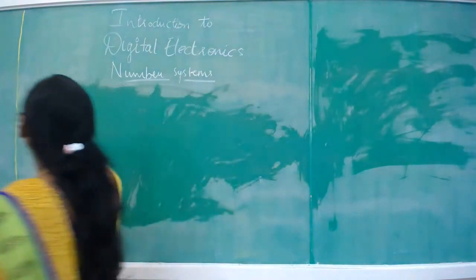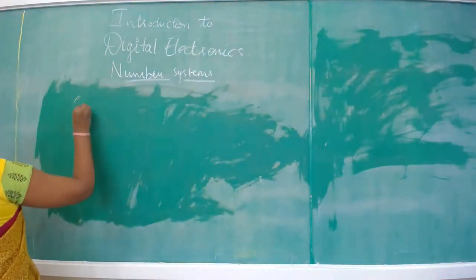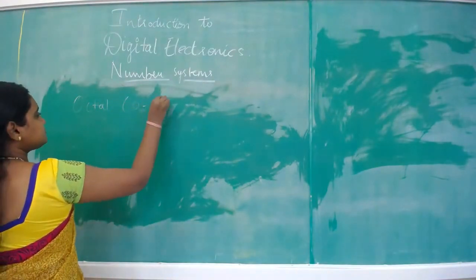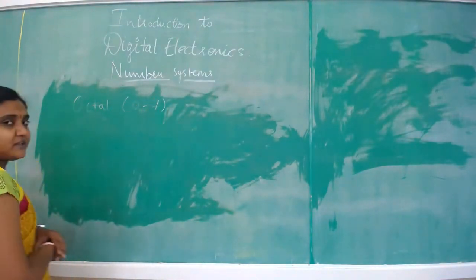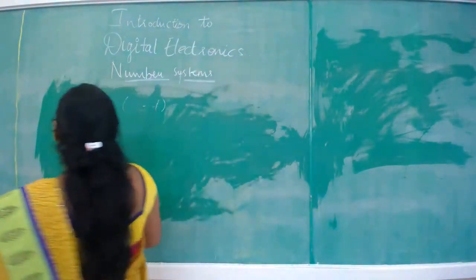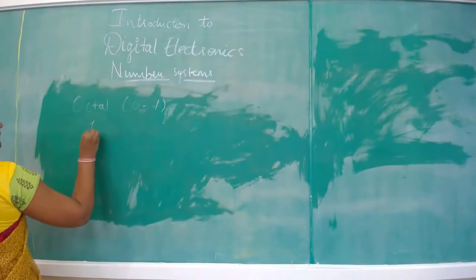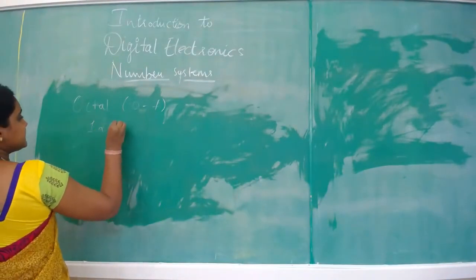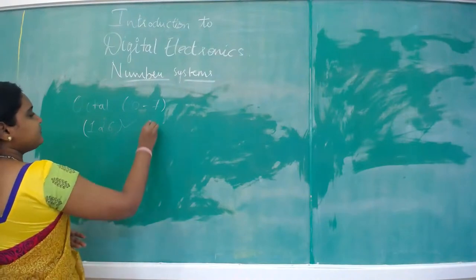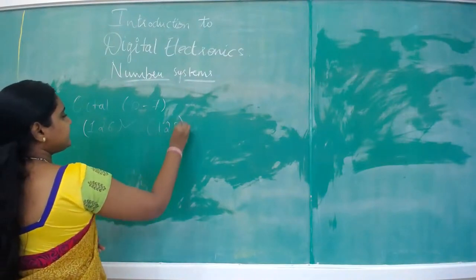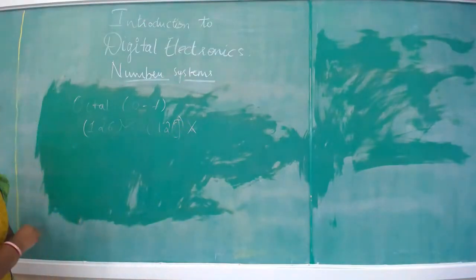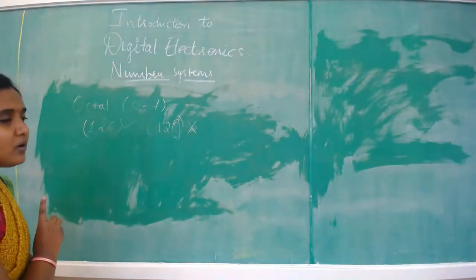Right? So you can use only 0 to 7. So we can form a number such as 126. This is a valid octal number. Okay. If I write 128, this becomes invalid because 8 is not an octal symbol, and 9 is not an octal symbol.